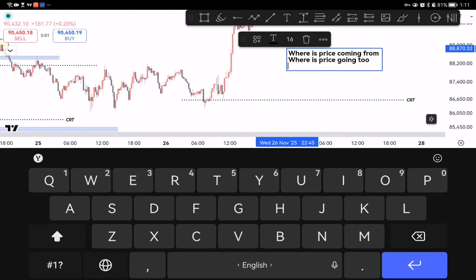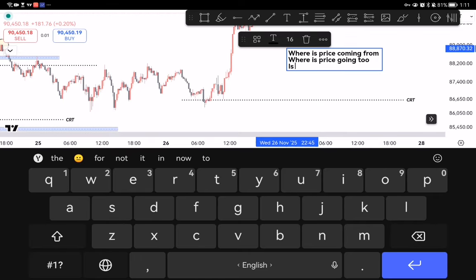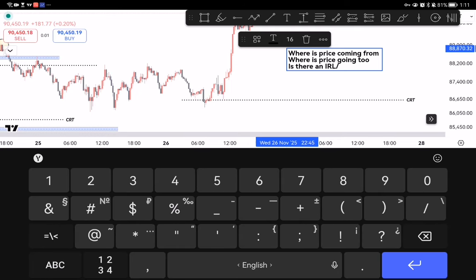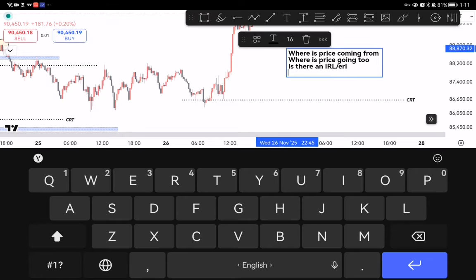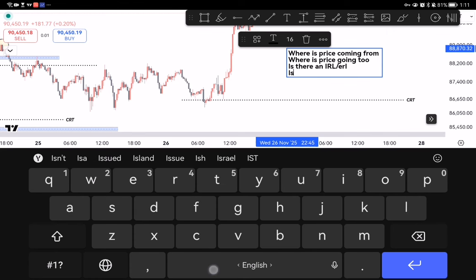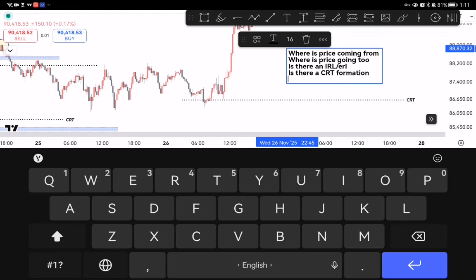Number 3, is there an internal range liquidity / external range liquidity? Next, is there a CRT formation? These are my questions. These are the questions that I want to ask myself.